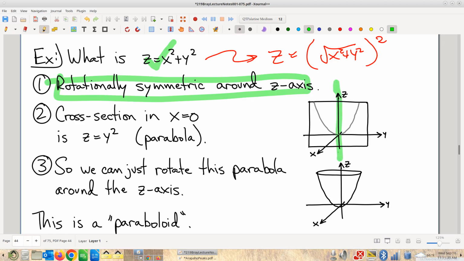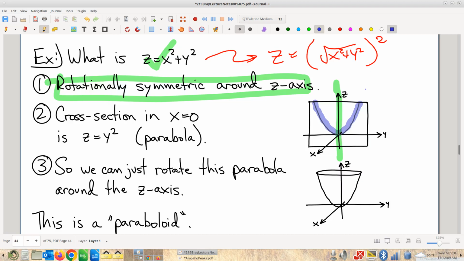And now I'm going to make a geometric appeal. If I know it's rotationally symmetric around the z-axis, all I have to do is understand its cross-section. Pick any plane you like, any plane that contains the z-axis. Doesn't matter. If I know what that cross-section looks like, and if I know that it's rotationally symmetric, I can just rotate that one single cross-section around and it will produce the rotationally symmetric surface.